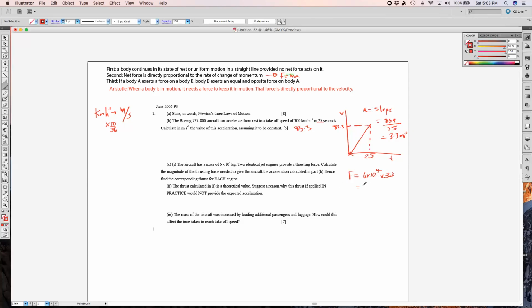This gives 11 by 10 to the 4 newtons. Let me double check that. 6 multiplied by 3.3, no, that's nonsense. 6 times 3 can't be 11. Let me redo the calculation: 6 by 10 to the 4 multiplied by 3.3 is 2 by 10 to the 5 newtons, not that.